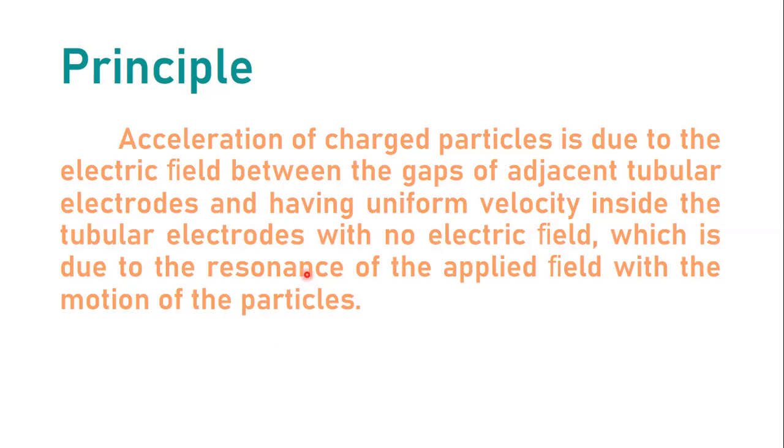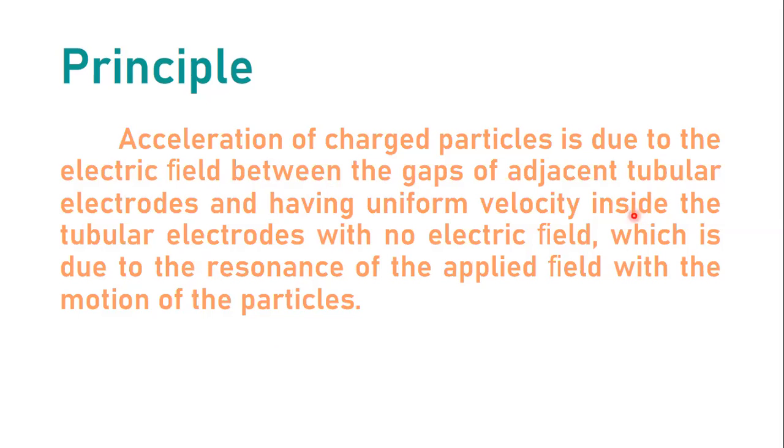Here you have to understand that the particles get accelerated because of the electric field which is present between the gaps of the electrodes, and the electric field is absent inside the electrodes.